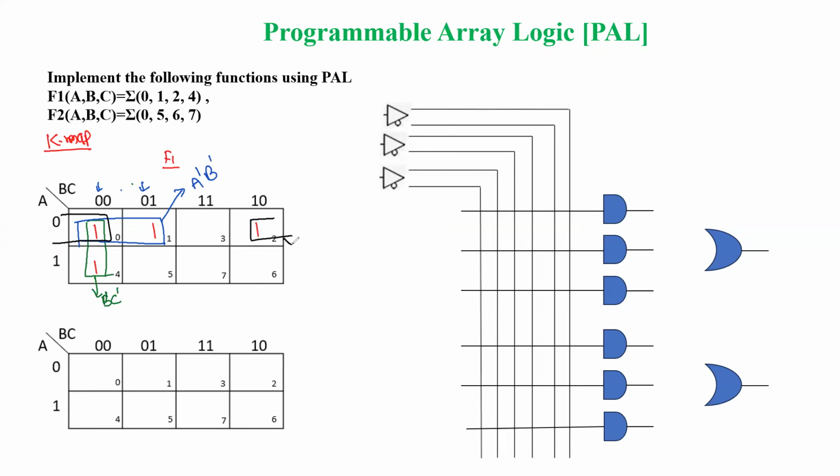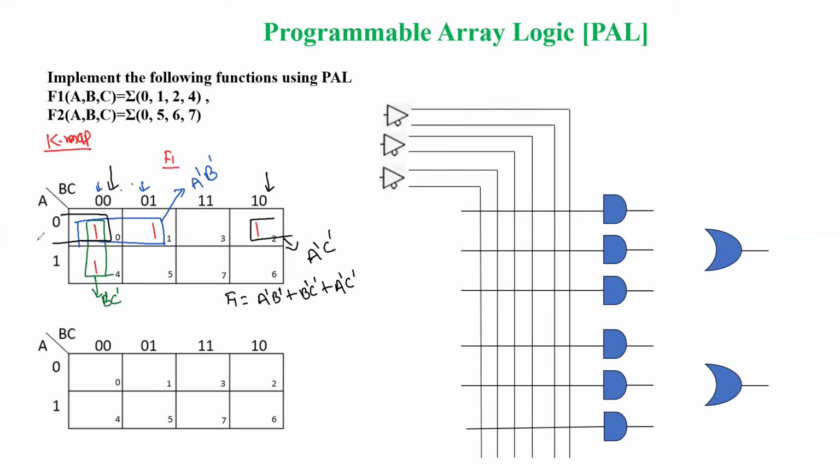Row wise the common is A dash, column wise the common is C dash, so we write A dash C dash. Finally, function F1 is A dash B dash plus B dash C dash plus A dash C dash. So in this function F1 we have 3 product terms.